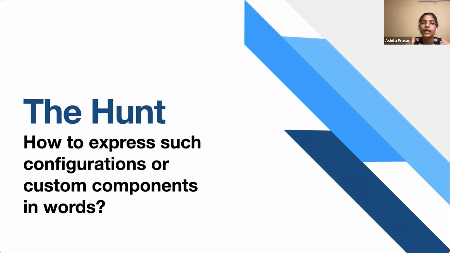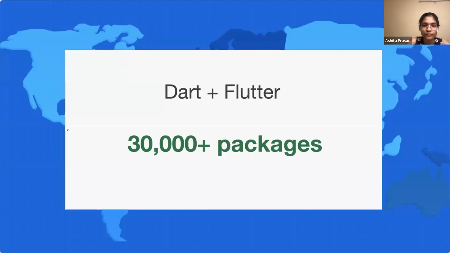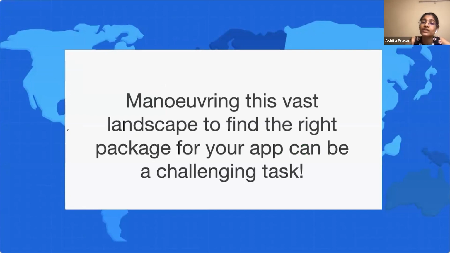You don't know. Then begins what we call the hunt. How do we express such UI configurations or custom components in words? Dart and Flutter themselves have more than 30,000 packages. And maneuvering this vast landscape to find the right package for your app is a challenging task.